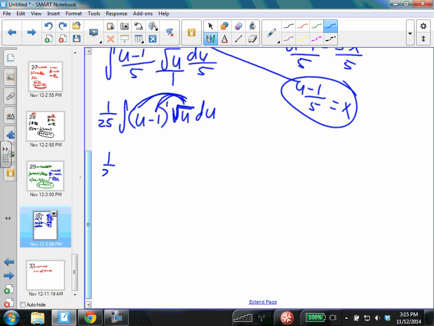So this is 1 over 25 times the integral of, and then what is the square root of u times u? Very good. We're going to add the exponents. This is u to the first. The square root is u to the 1/2. So if we add them, we get u to the 3/2, or 1.5, right? Minus, and then the square root of u times 1 will just be u to the 1/2 power, or you could still just call it the square root of u.